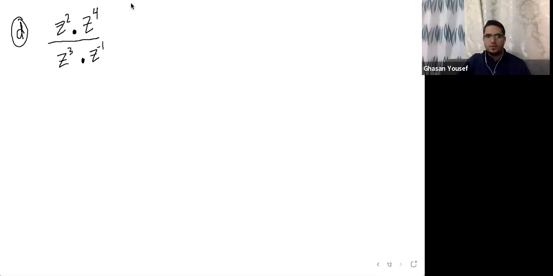Now we have D. The example is z to the power 2 times z to the power 4 over z to the power 3 times z to the power minus 1. Who will do this one or help me with what I have to do? Give me the steps.